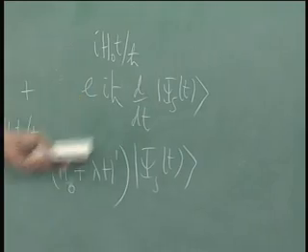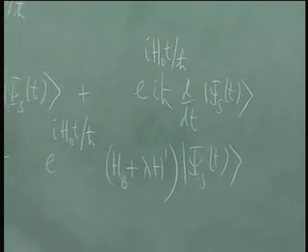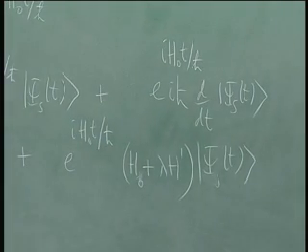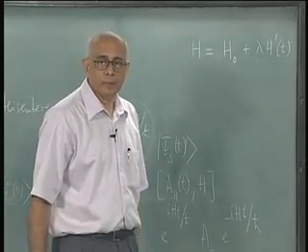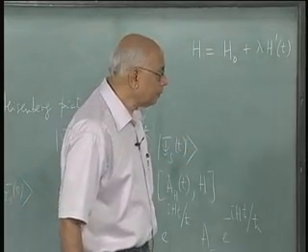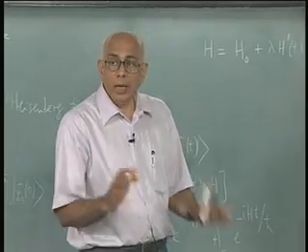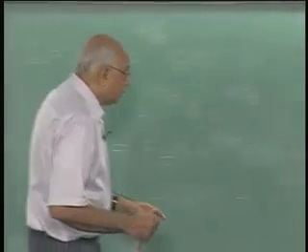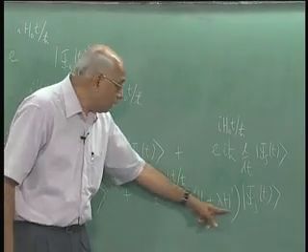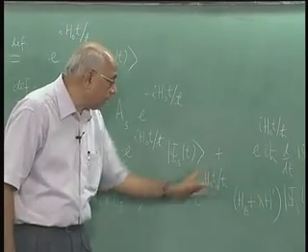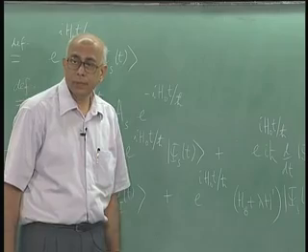This is the Schrodinger equation written in the Schrodinger picture. The total Hamiltonian is H₀ plus λH′. You still have to be careful to note that this H′ need not commute with H₀ in general, and therefore it cannot be brought to the right side, you can't move this in. Okay.